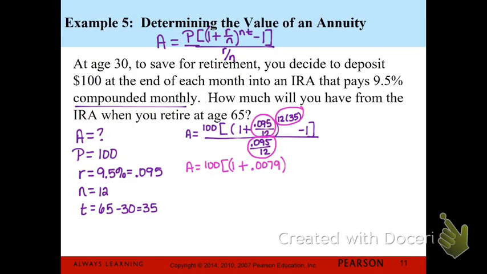All right, raised to the, what's 12 times 35? Yeah, it's up in the exponent together, so it's okay. 12 times 35? 420. And you already did the 0.095 divided by 12. You told me it was 0.0079.